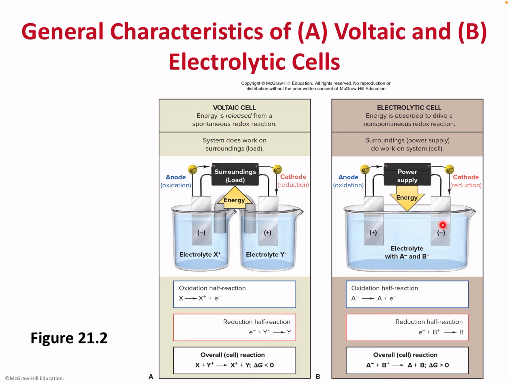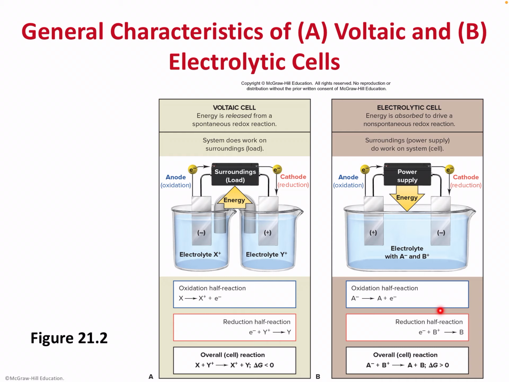From the power supply, you have to supply energy. Oxidation half reaction would be A minus becoming A by releasing an electron. And in the reduction half reaction, electrons will be taken up and then reduced. So this is the overall reaction, delta G greater than 0.